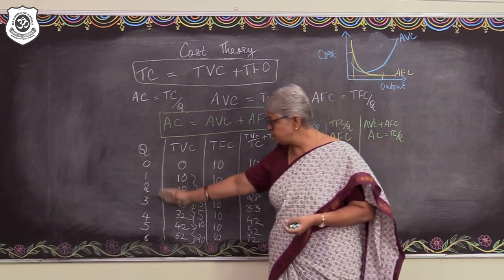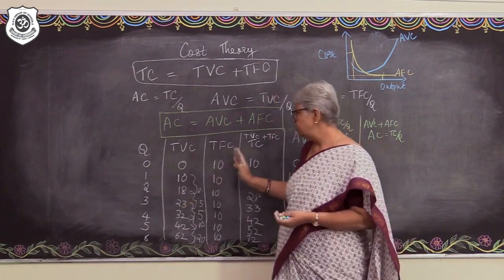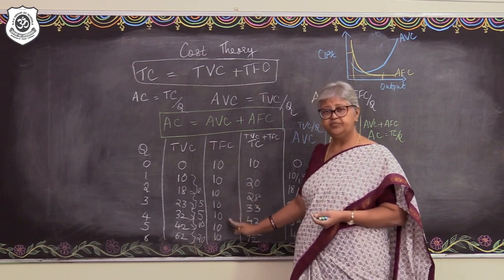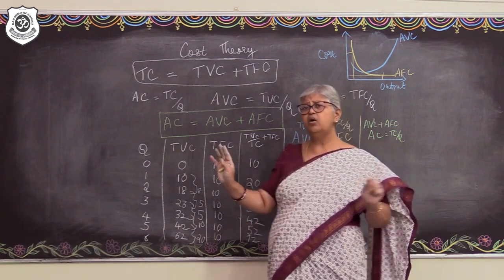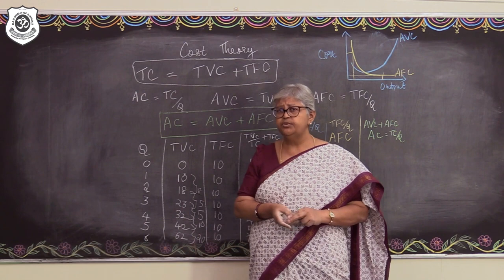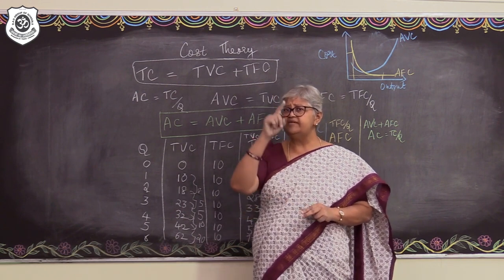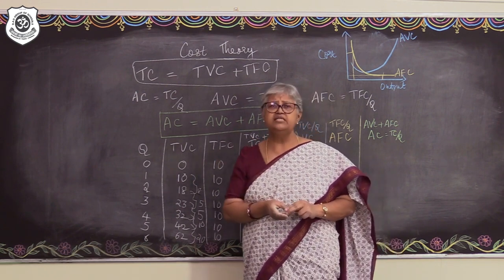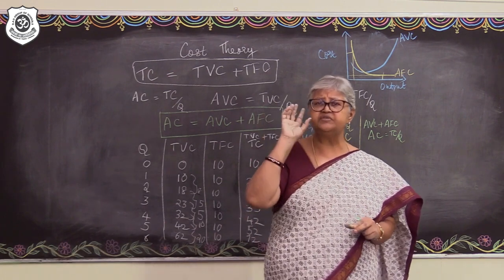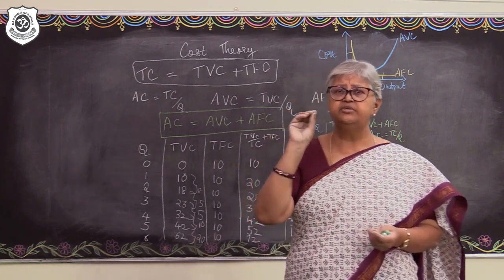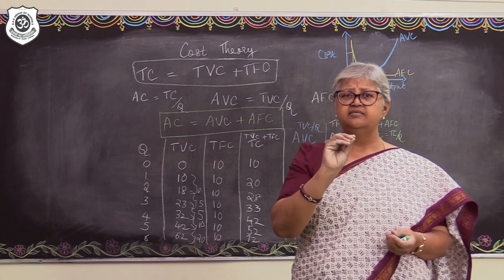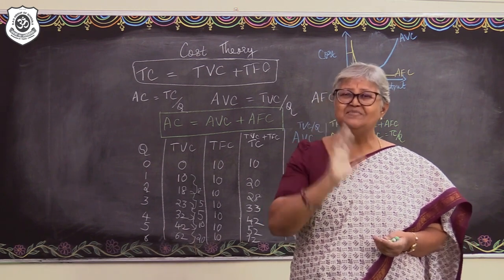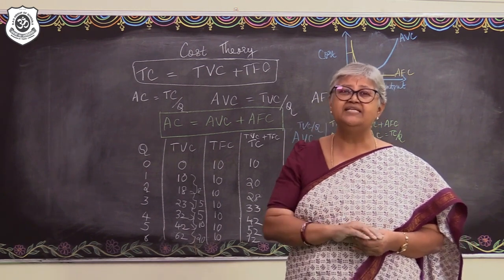Yeah. And then as production increases 1, 2, 3, 4, the total fixed cost remains the same. So it's some positive amount at all the points of production. So though the AFC continuously falls, there is no chance for the AFC to touch the x-axis. It will not become 0, nor will it become negative.